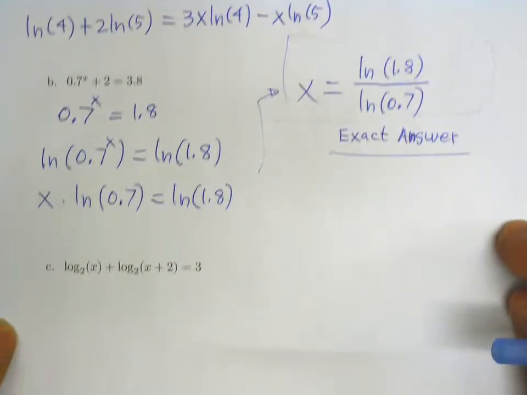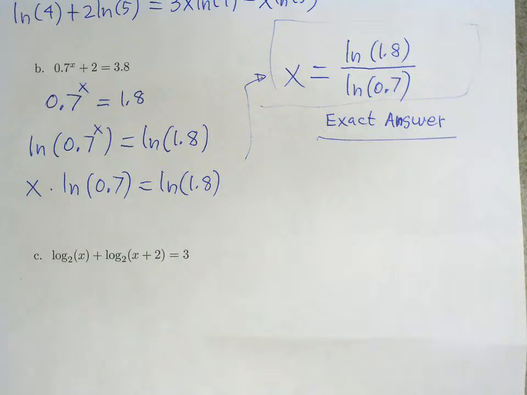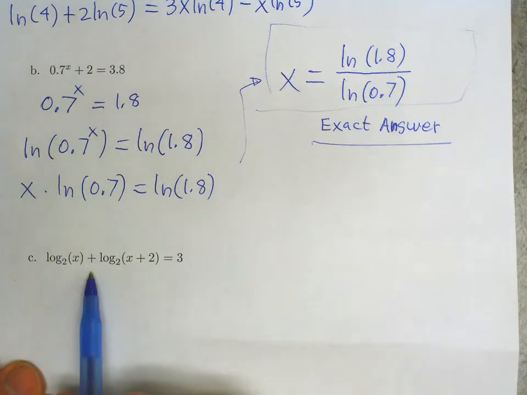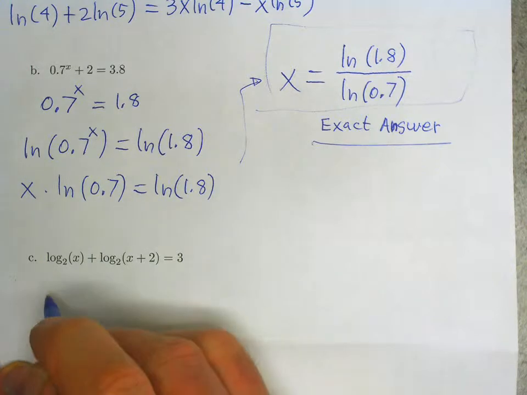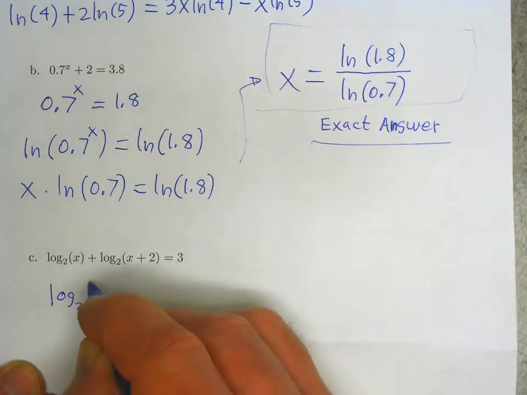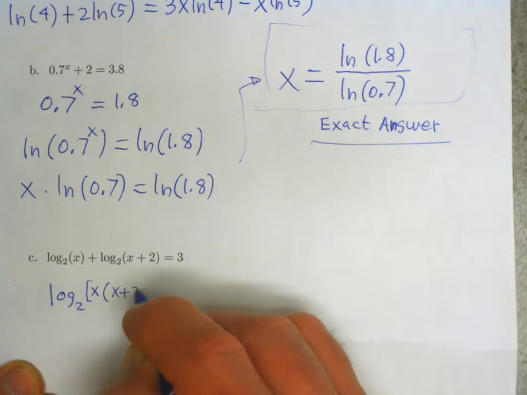Okay, the next equation is a logarithmic equation. Log base 2 of x plus log base 2 of x plus 2 equals 3. The first thing we do, since we're adding two base 2 logarithms, we want to write that as a single base 2 logarithm by multiplying the arguments. So we multiply x times x plus 2.